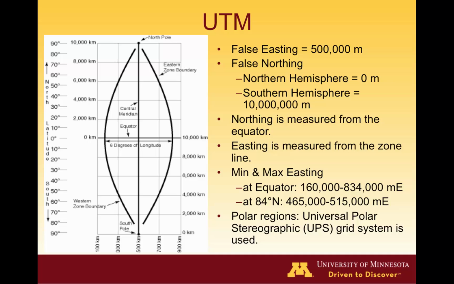And therefore, at equator, you can calculate that the min and max easting for every grid is 160 kilometers to 834 kilometers. And in the polar region, that is universal polar stereographic grid system, which is different from UTM, because we know that UTM does not include further than 84 degrees north and further than 80 degrees south.